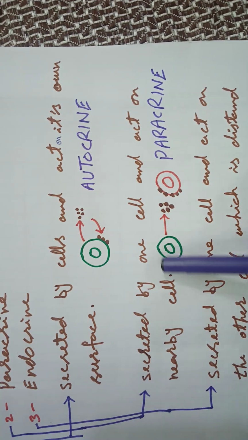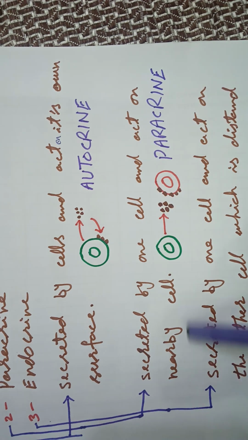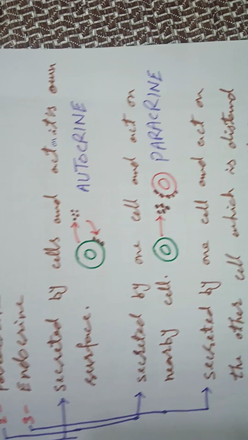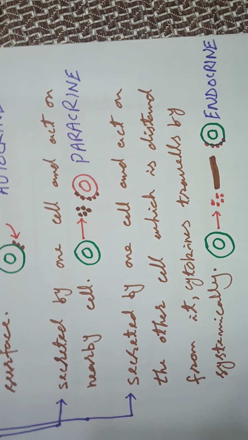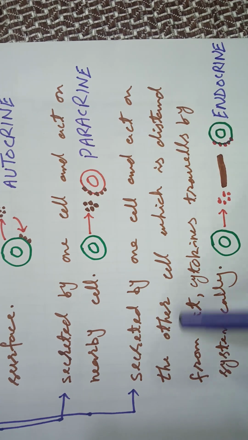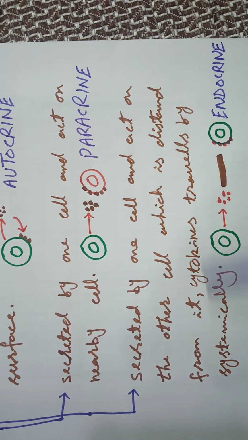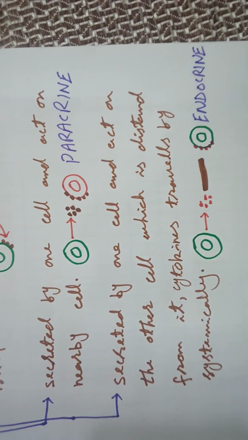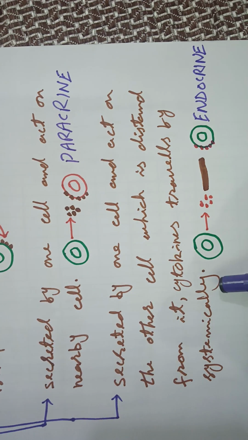Paracrine means secreted by one cell and acting on a nearby cell. And endocrine means cytokines act like hormones, secreted by one cell and acting on another cell which is distant from it. Cytokines travel systemically.